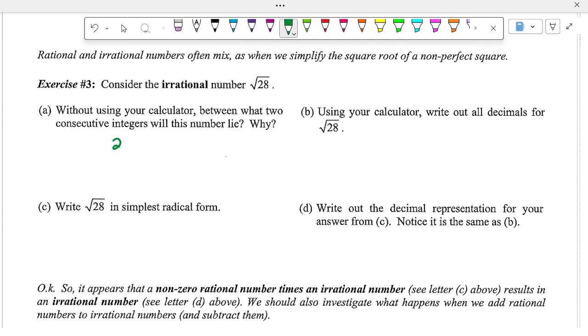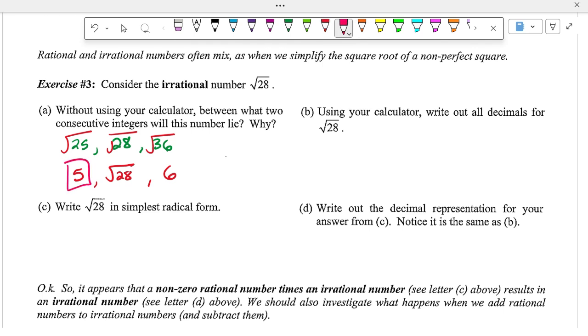So 28 is between 25 and 36. If we took the square root of all those numbers, the square root of 28 would be between which 2 numbers? 5 and 6. So the square root of 28 would be between 5 and 6. Put that in your calculator now and see what you get.